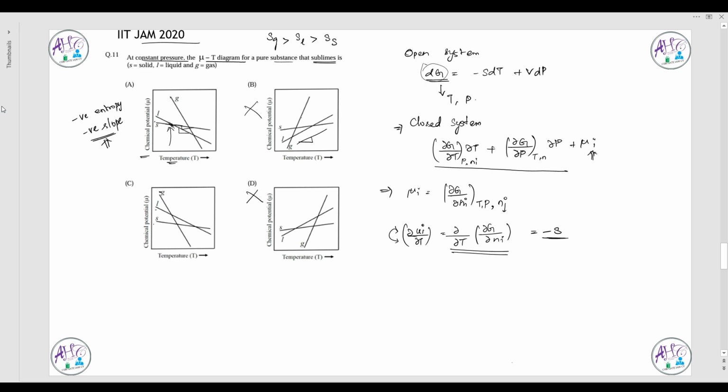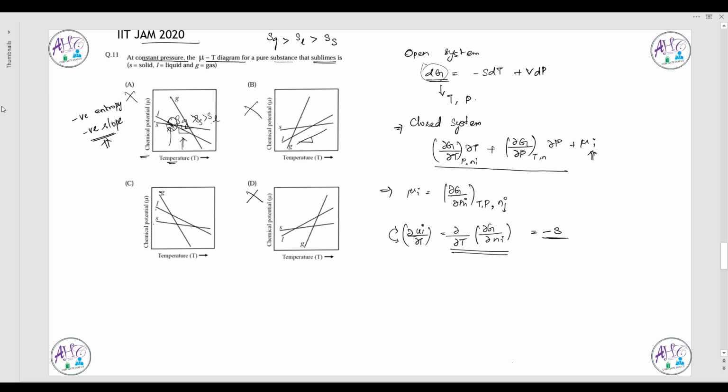Then the entropy for solid is more, and the entropy for liquid is less, so entropy for gas is more than solid, which is more than liquid. If you find out the slope, that will be the answer. The slope value of solid is more compared to liquid, so option A cannot be the answer.